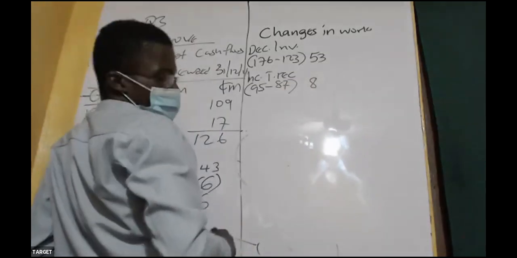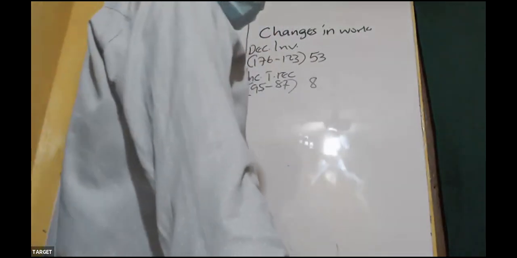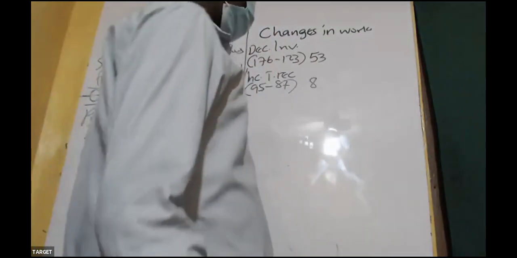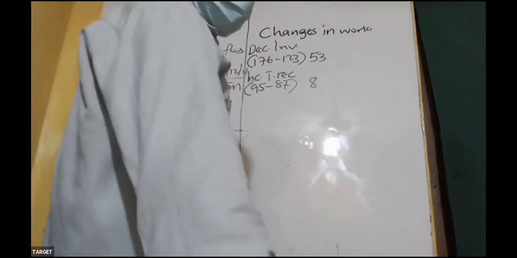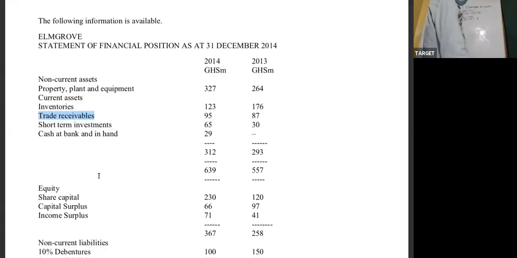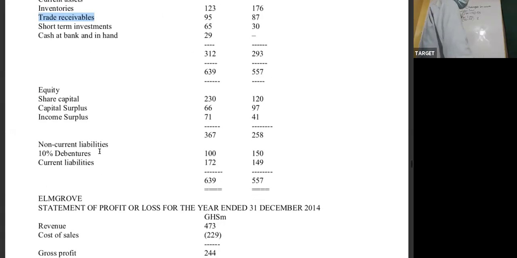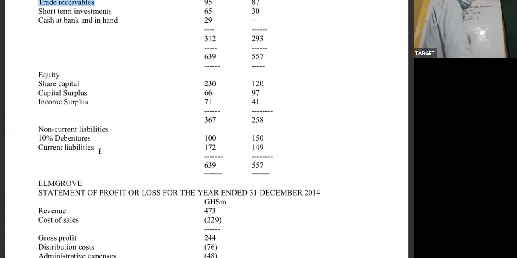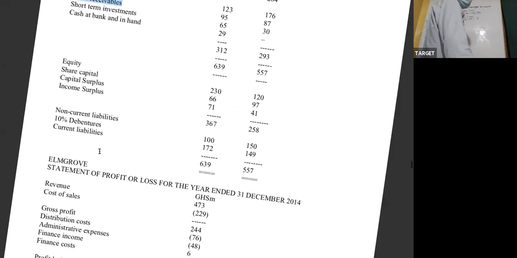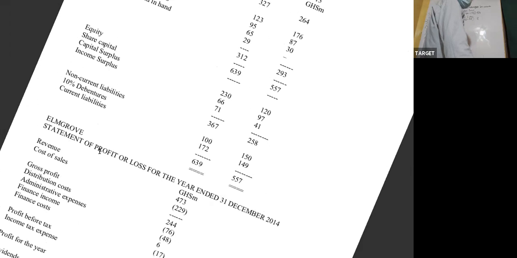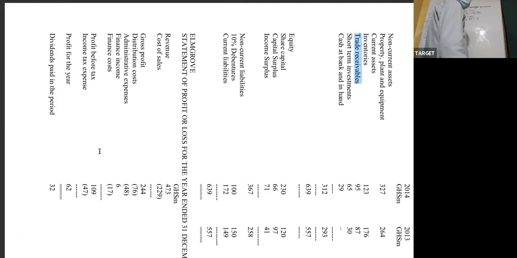Then I'll go to payable. I'll just find this before I decide whether it's inflow or outflow later. The mere fact that I can't yet determine whether it's inflow or outflow does not mean that I can't do the computation. Trade payable.